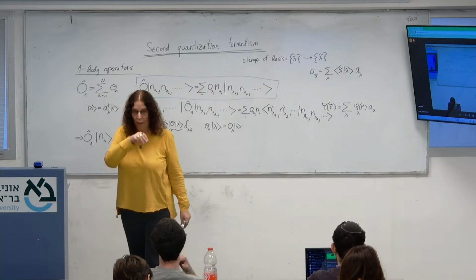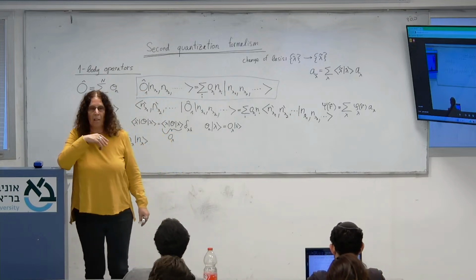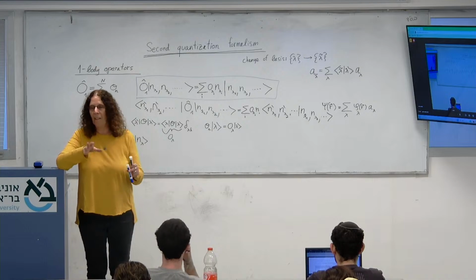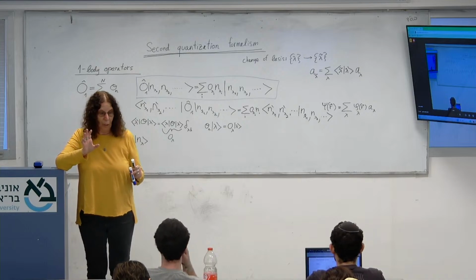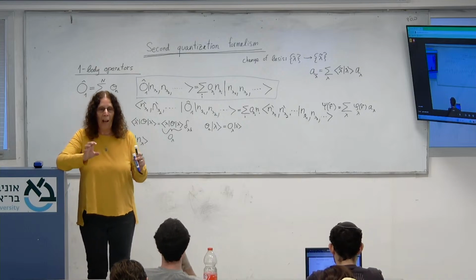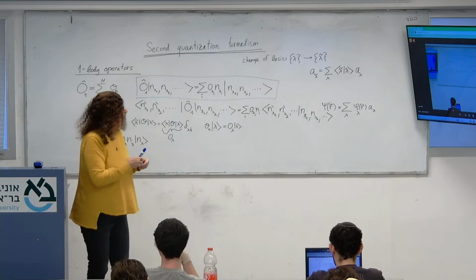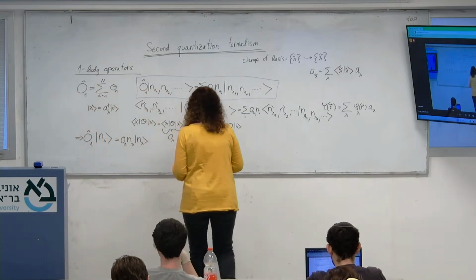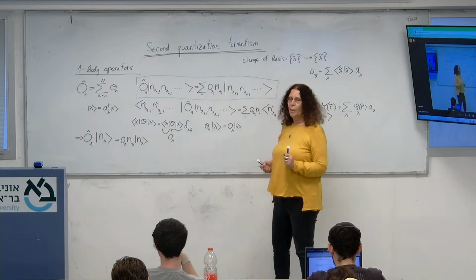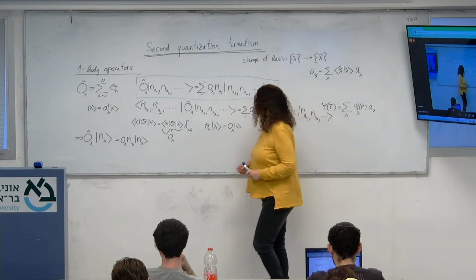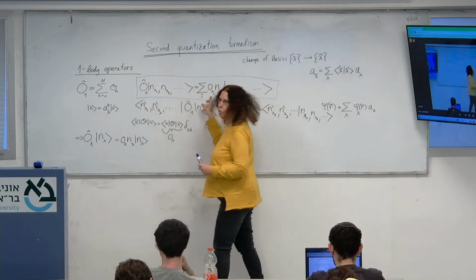What does it mean? It means that it's some combination of a's and a daggers. Okay? These are the only operators I'm allowed to use. These are my Lego blocks, if you like. So I want to write it in second quantization, but this identity has to be obeyed.